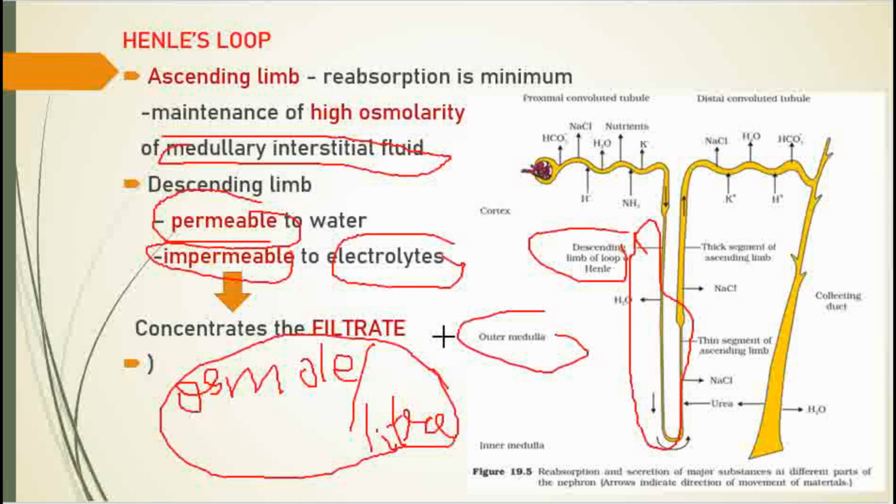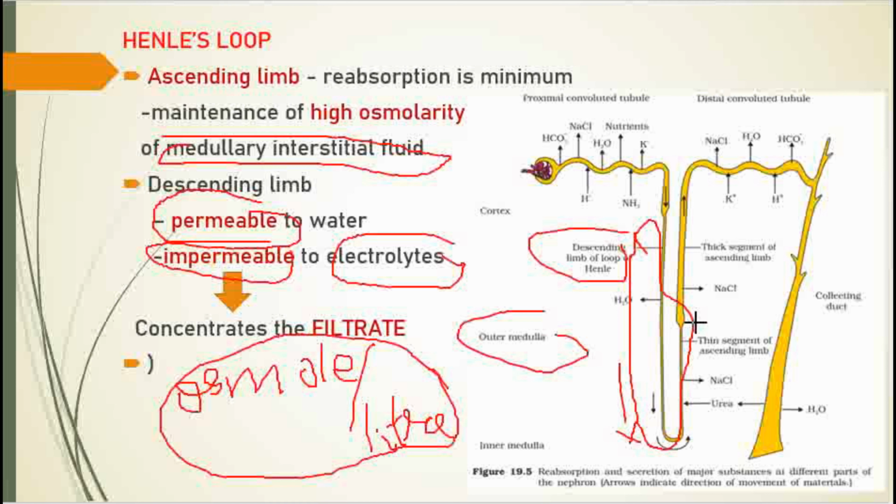So the descending limb is permeable to water but impermeable to electrolytes. Because of this, the filtrate gets concentrated as it moves down.